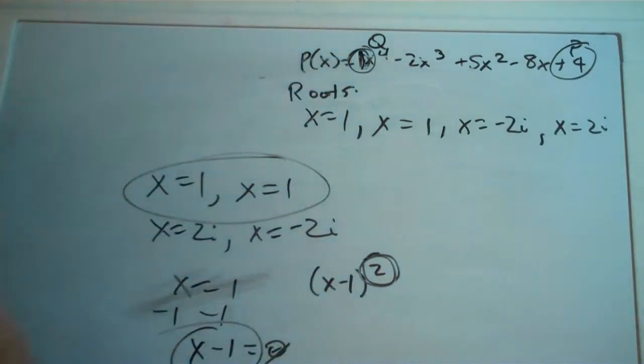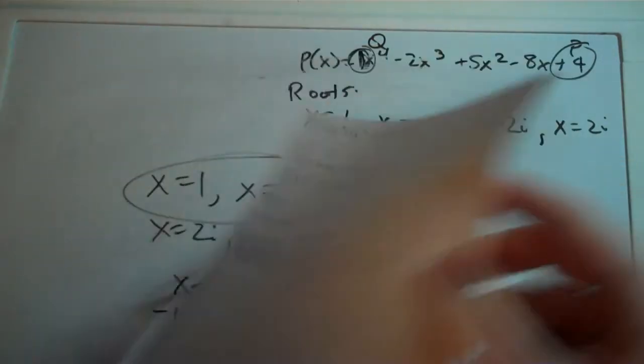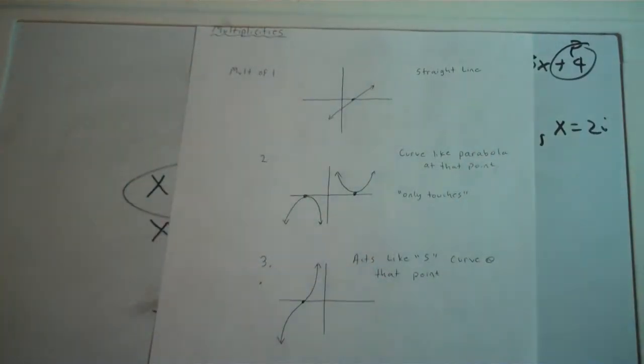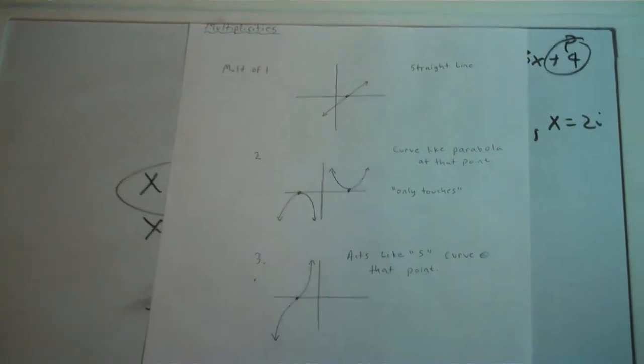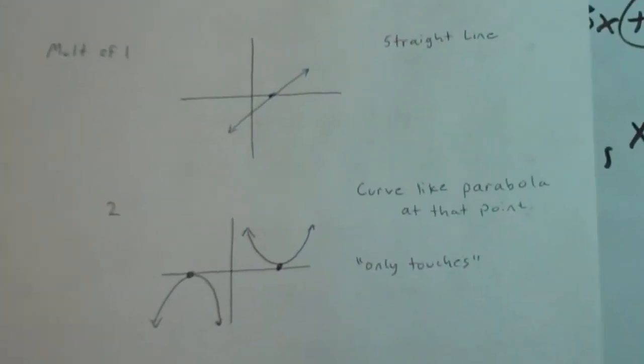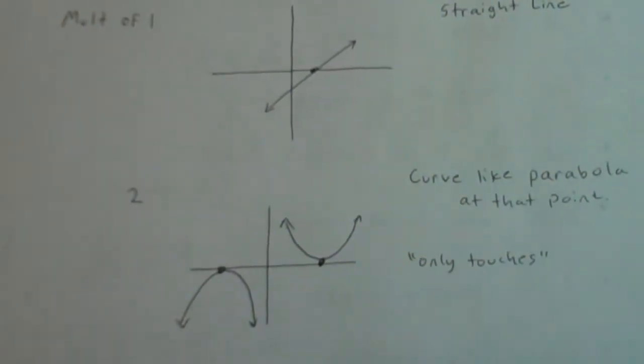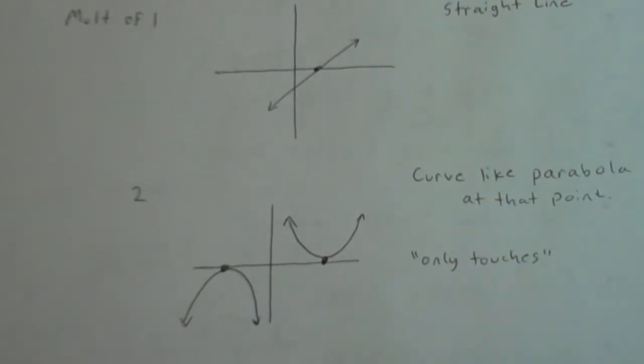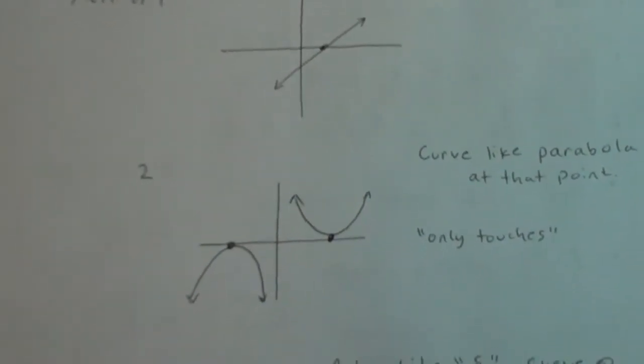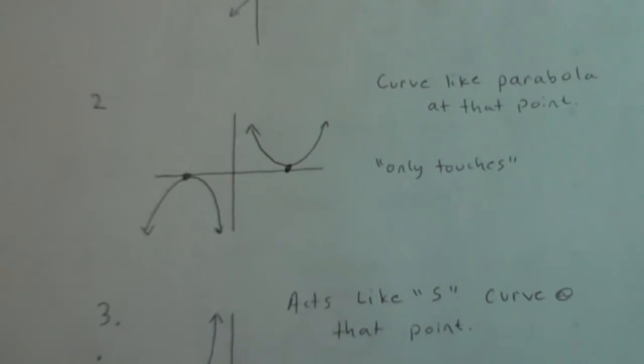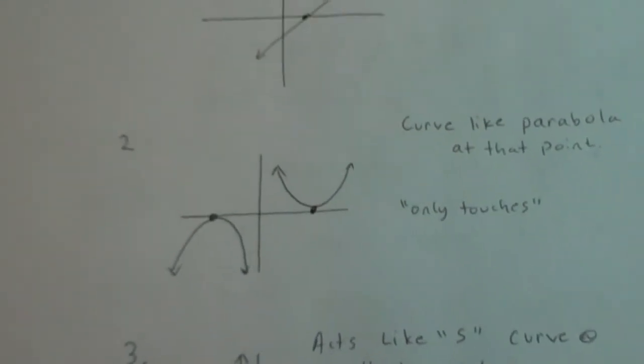And I'm not just going to say that's our multiplicity, I'm going to explain to you what a multiplicity is. Graphically, it is this. The first degree of multiplicity just means that it's a straight line. It's going to go straight through the x-axis. The second multiplicity means that our graph is going to touch the x-axis.